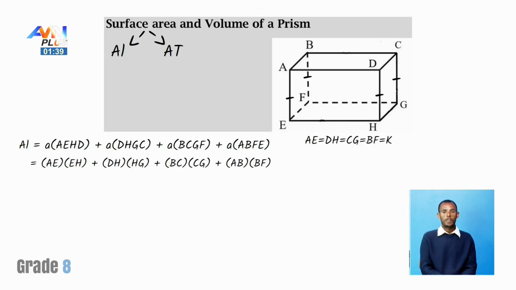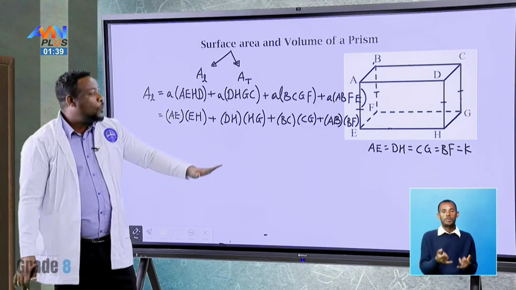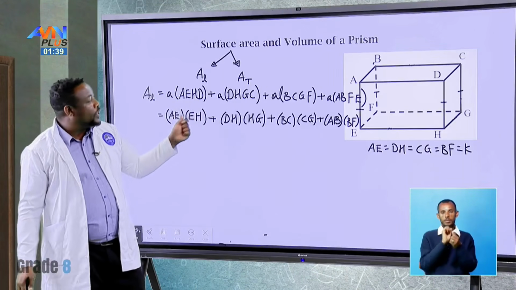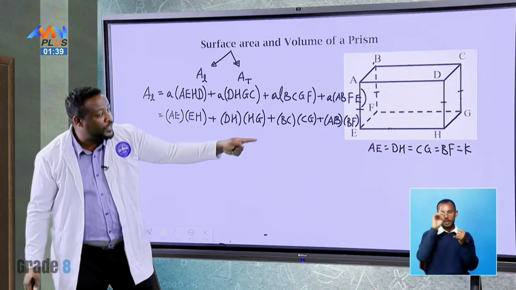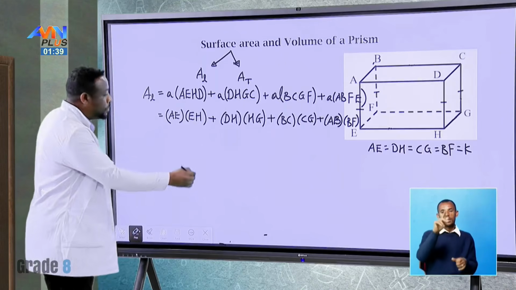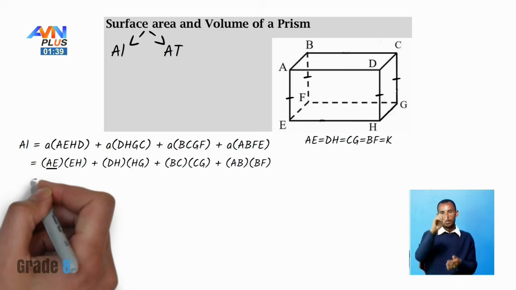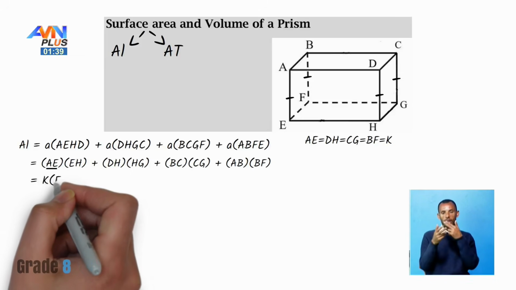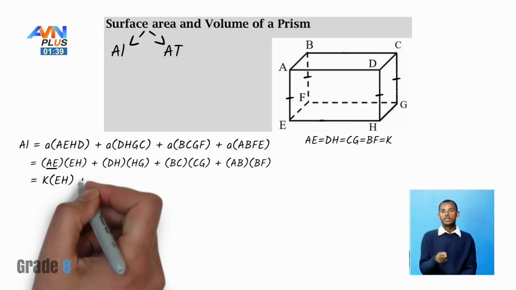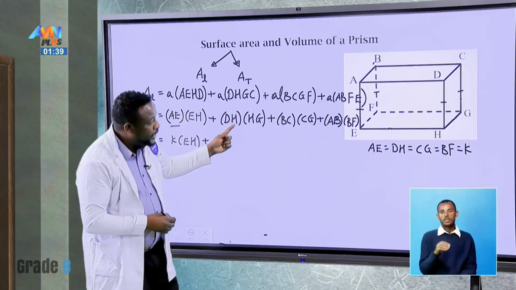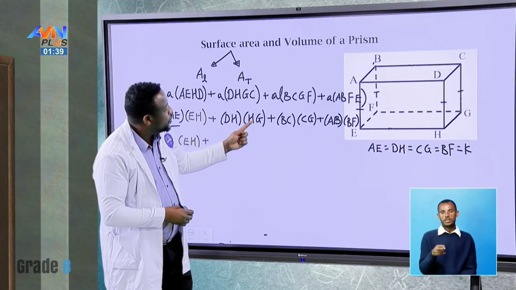Now we substitute the constant K for all the lateral edges. In place of AE, you can replace K, so this is K times EH plus DH times HG.